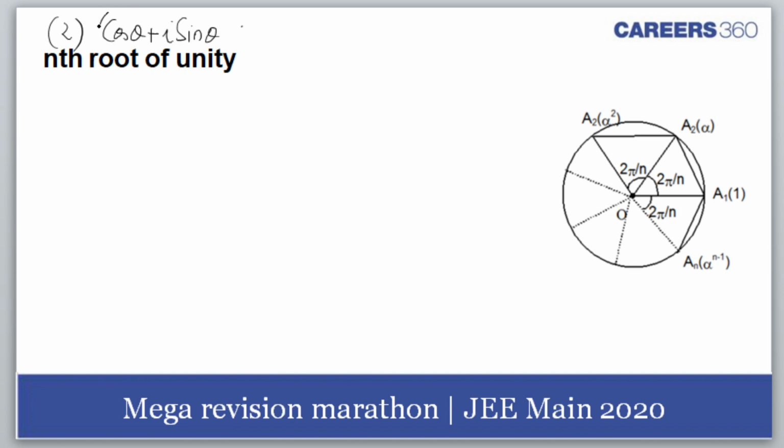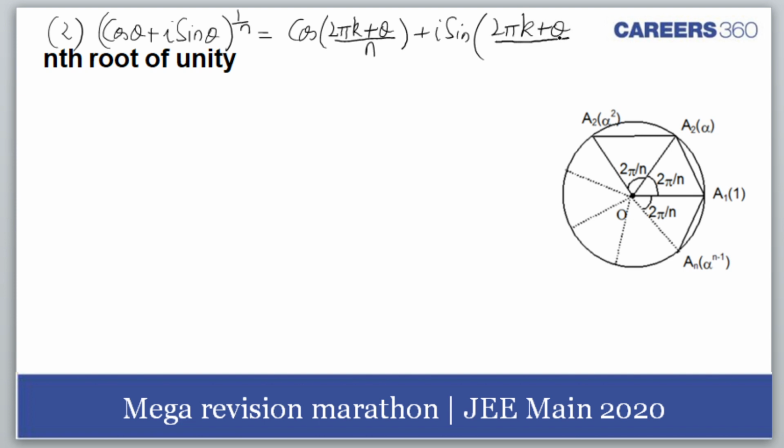(cos theta plus iota sin theta) raised to power 1 by n, where n is again an integer. Okay? So this is equal to cos (2 pi k plus theta) by n plus iota sine (2 pi k plus theta) by n, where k ranges from 0, 1, 2, 3 and so on till n minus 1.